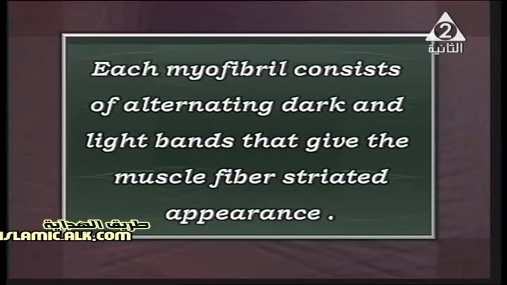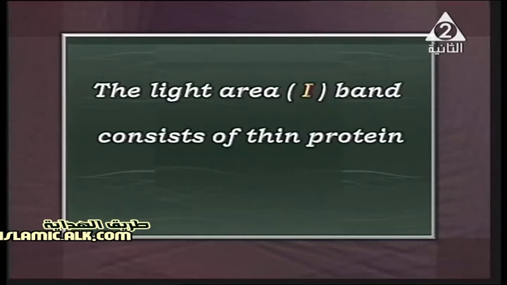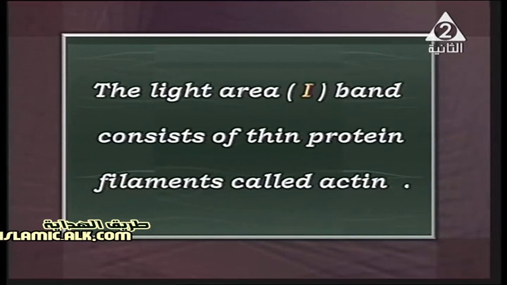And this is a question here for you. The light areas are called I bands and consist of thin protein filaments called actin.